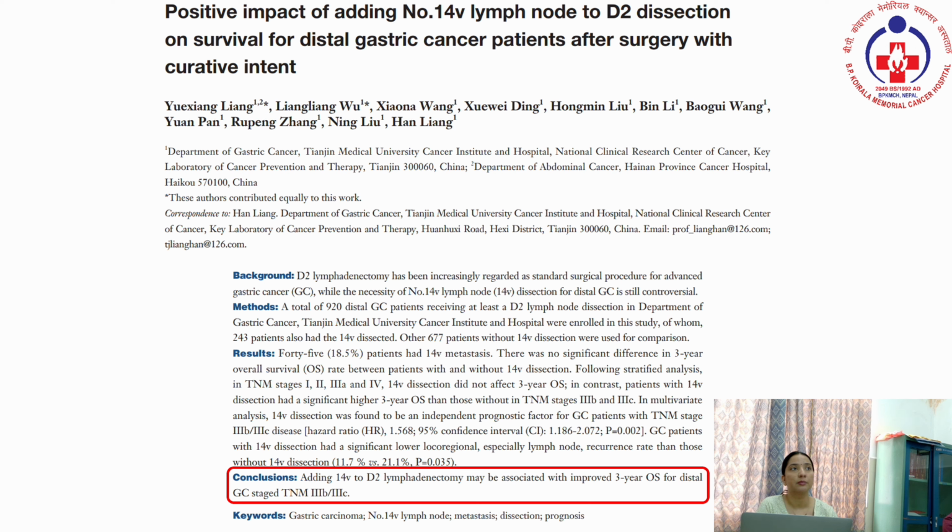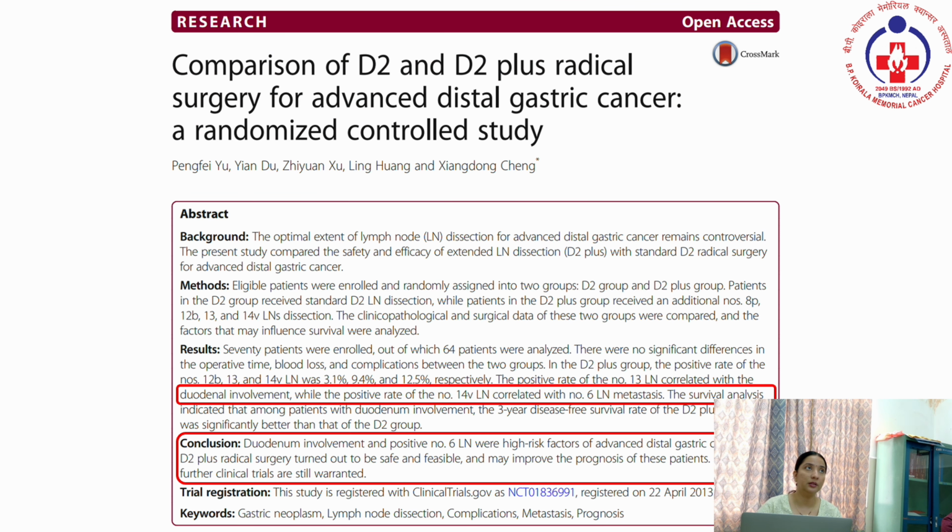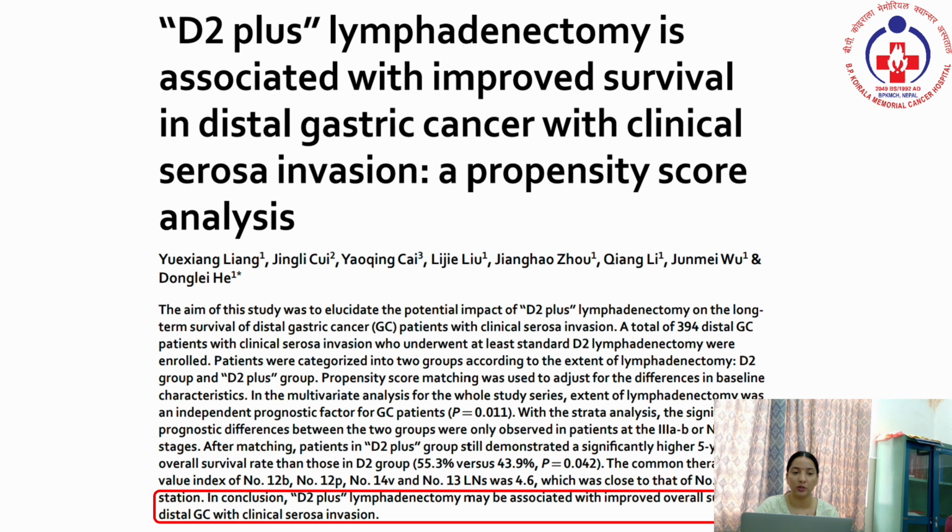And there is also a supportive article that shows a positive impact and improved overall survival with the removal of the 14V lymph node in the highest stages of TNM, that is stage 3, 3B and 3C. They have compared D2 and D2 plus radical dissection in advanced disease, and with the involvement of the duodenum and positive lymph nodes, removal of the 14V lymph node has shown correlation with higher survival rate and better results for patients.